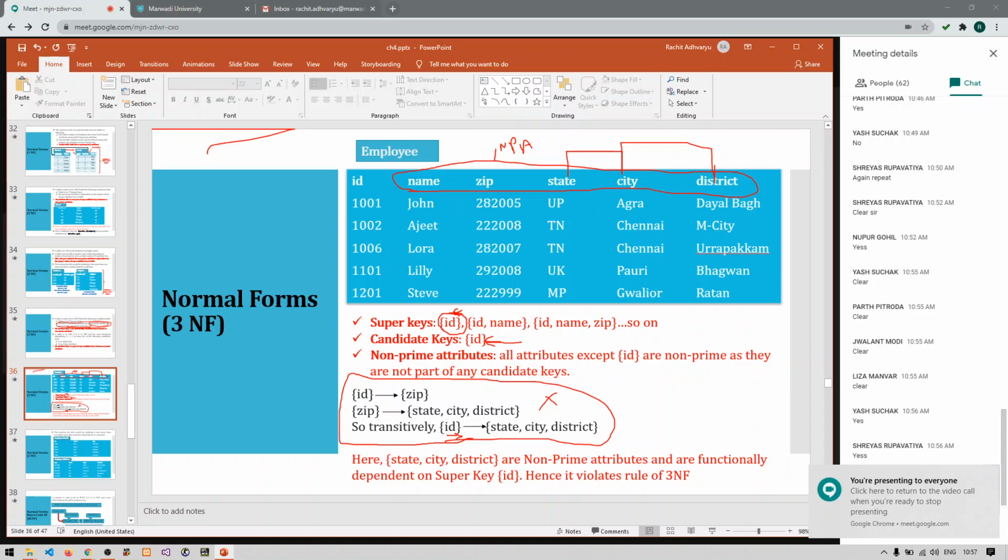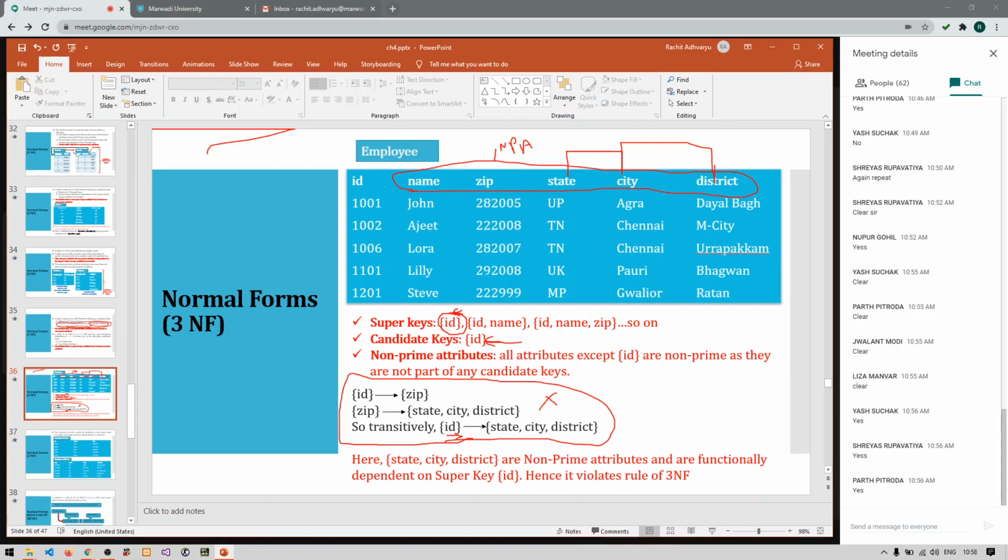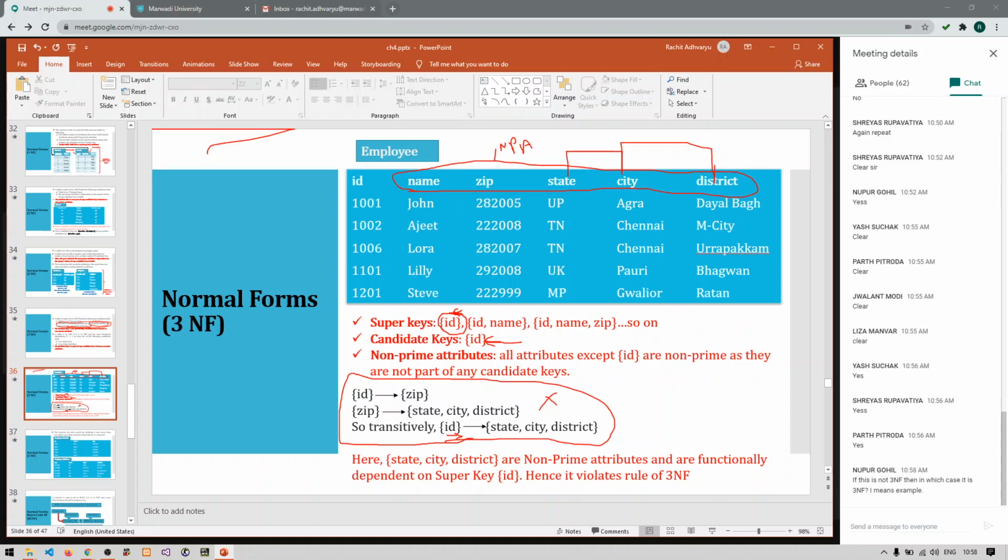So this is the schema you can refer to, and I want some answers from you. What can be the probable solution for this particular table to make it into 3NF such that the transitive dependency of ID to state, city, and district is removed?